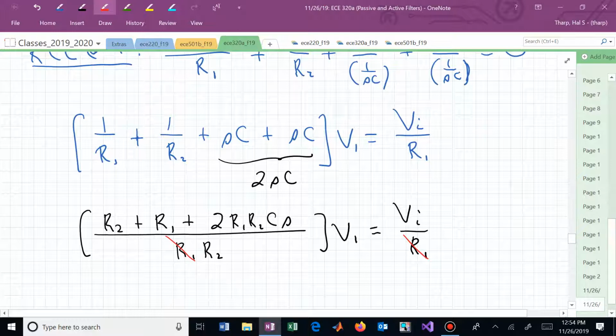Can cancel the R sub 1, and we can solve now for V sub 1, which was one of the node voltages that was not yet known in that circuit.